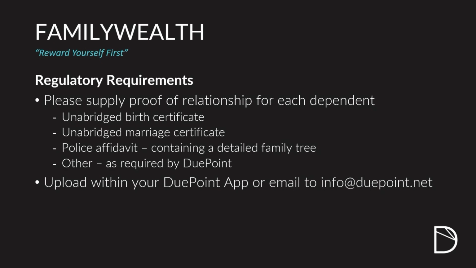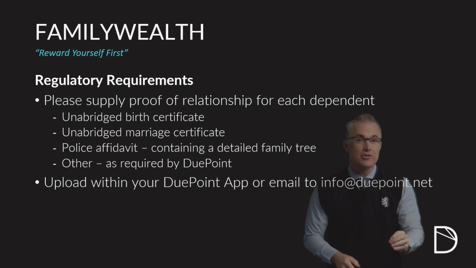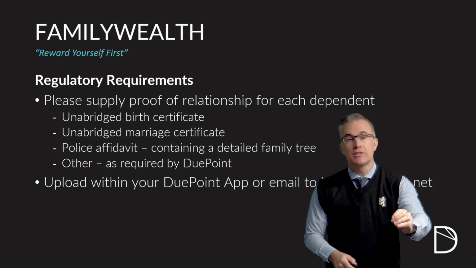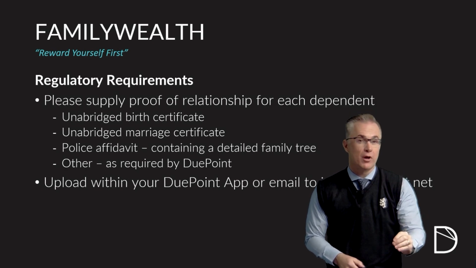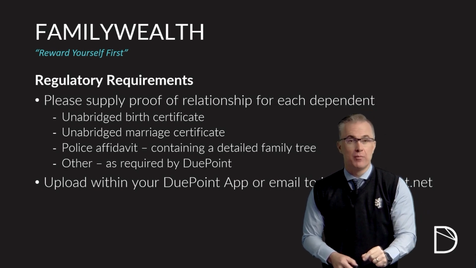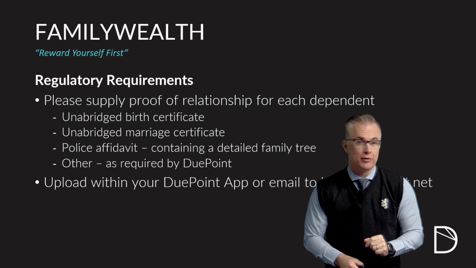In terms of current regulation, we are required to receive proof of the relationship you have with any extended family member you add to your policy. Now, proof of relationship requires you to supply one or more of the following and any additional information that DewPoint requests of you.